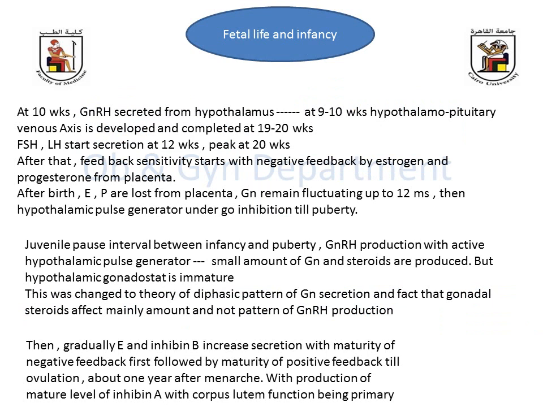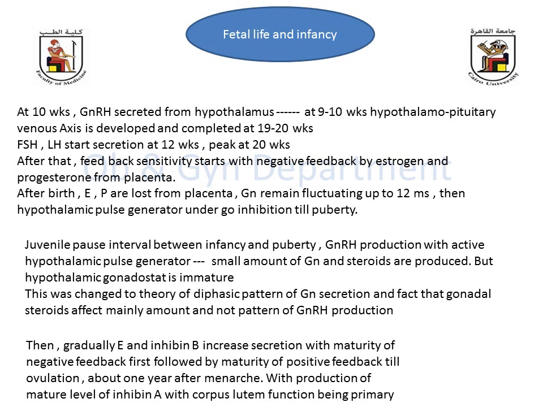During fetal life and infancy, at 10 weeks, GnRH is secreted from the hypothalamus of the embryo. Then, at 9 to 10 weeks, the hypothalamic-pituitary-ovarian axis develops and is completed by the age of 20 weeks. 20 weeks equals 5 months of pregnancy.